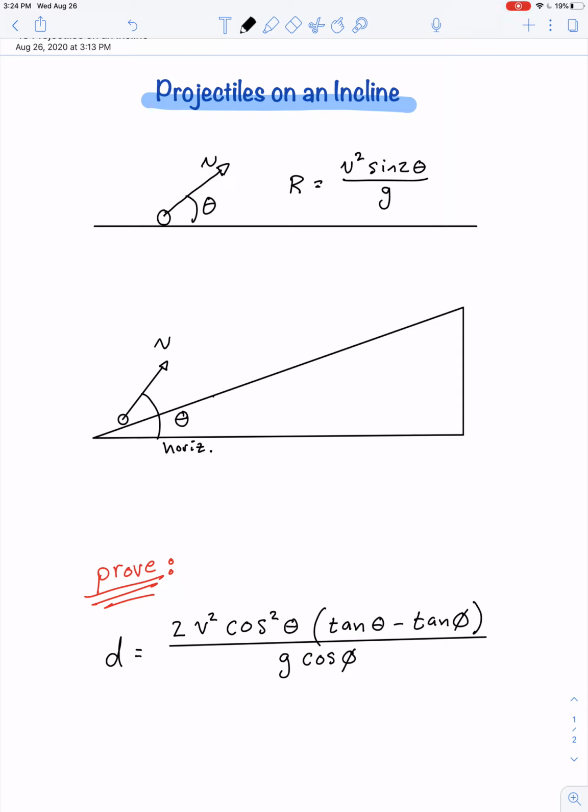And then let's say you also have another angle. Let's say you have just the angle of the incline itself. So we've got to distinguish between theta and phi, okay? Two different angles.